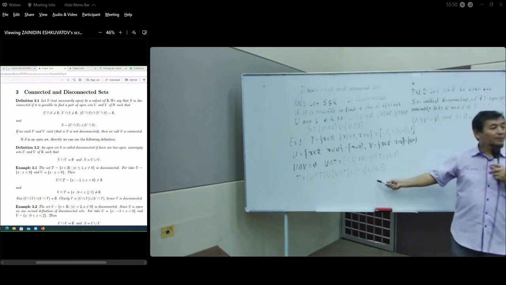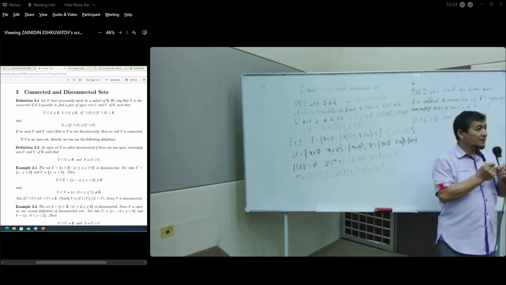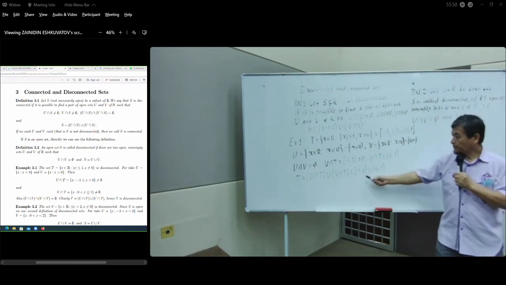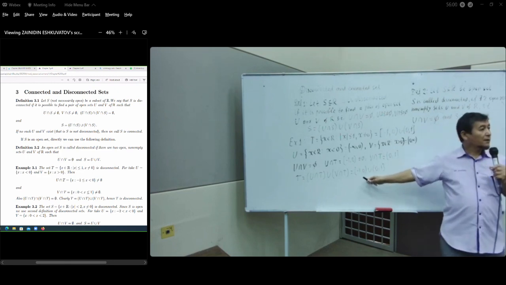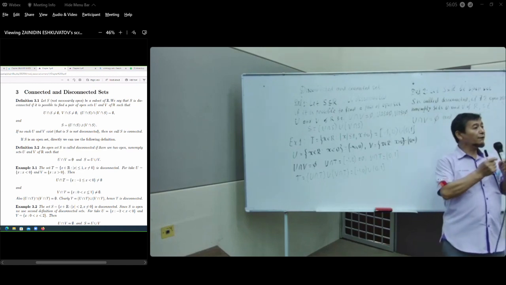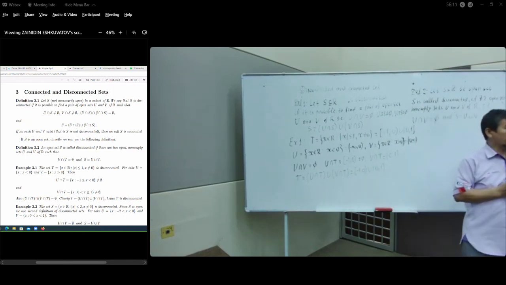Okay, now you see, I was able to find two open sets such that the T can be written as a union of intersection with two sets.